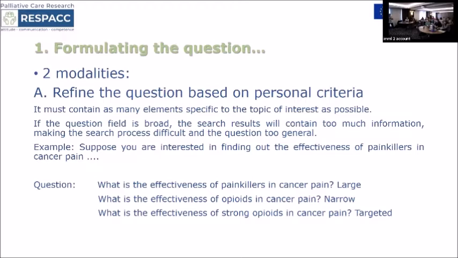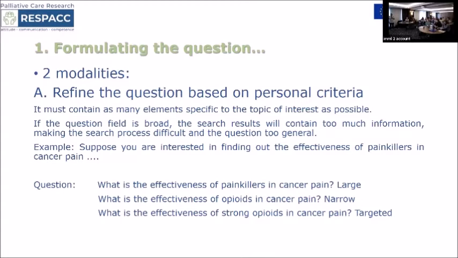So then you have to think, if this would be your question, how effective are painkillers or how effective are analgesics in cancer pain? This is still very large. If you then go narrower and you say, okay, my pain is actually a severe pain, so why should I look at all painkillers, all analgesics, all co-analgesics?